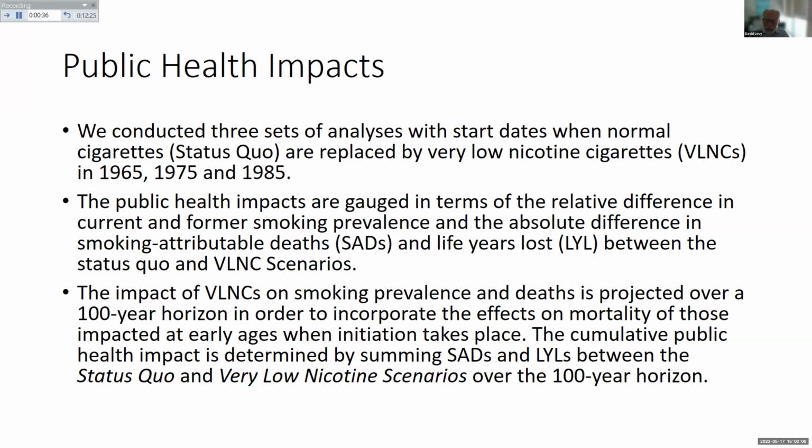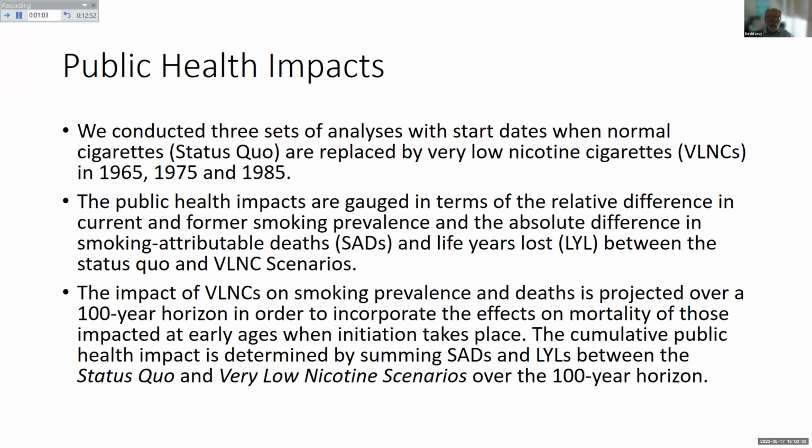And we looked at the difference in smoking attributable deaths between the status quo and the very low nicotine standard scenario. And we also looked at life years lost as the difference between those two major scenarios.